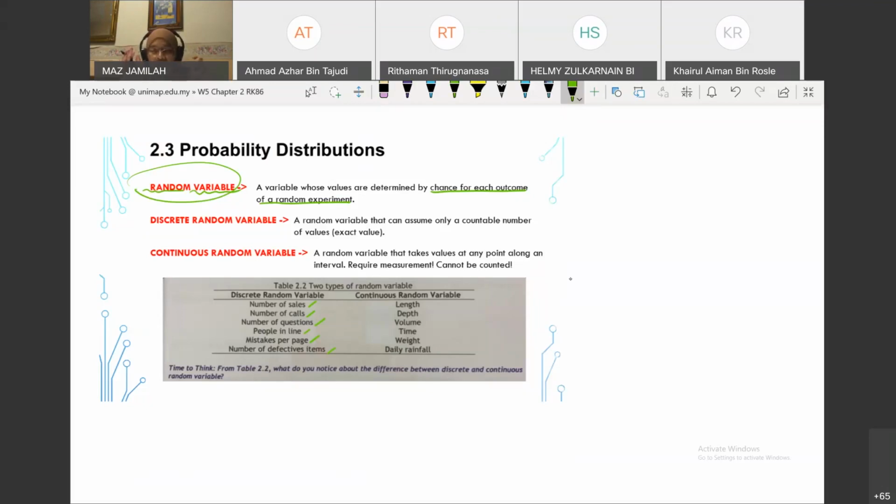Number of calls. Let's say we go to a customer service center, okay, in Telkom, for example. We observe and take note of how many calls the center receives in one day. If we are referring to calls, definitely again it refers to an exact value, or the number of calls that occurred in that particular day.